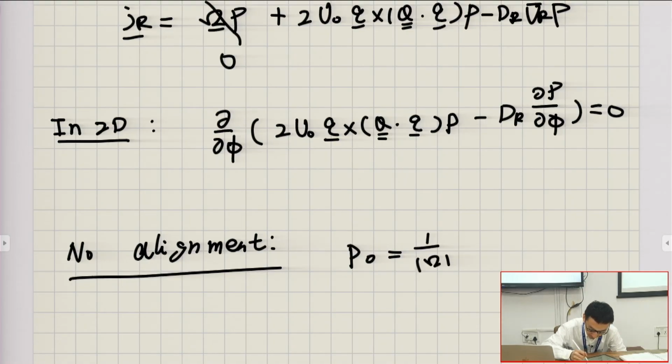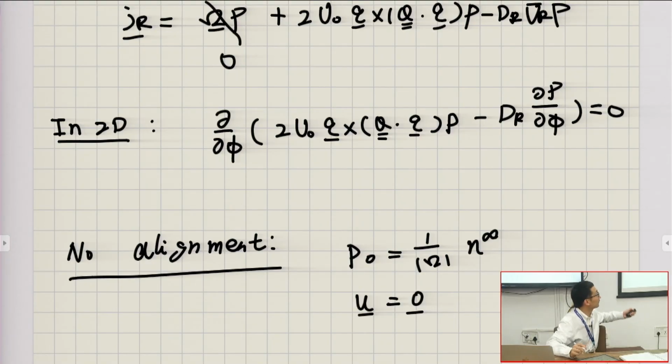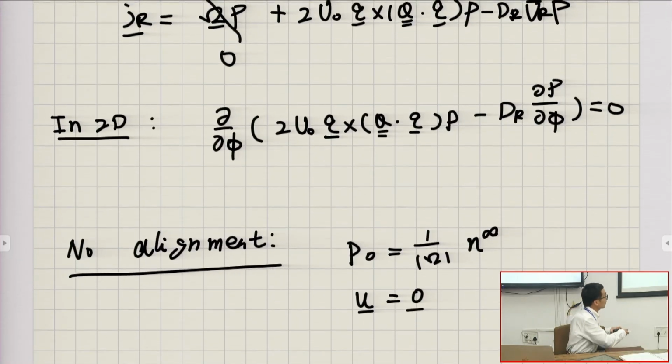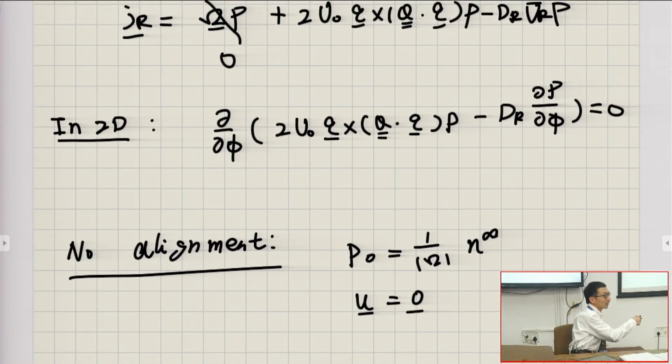Then the density, flow is 0. That's what we had before, correct? But with alignment, we can have a non-constant solution here because there's another term that can balance this term, gives rise to a new solution. But we can still have the no alignment term. That's still okay.